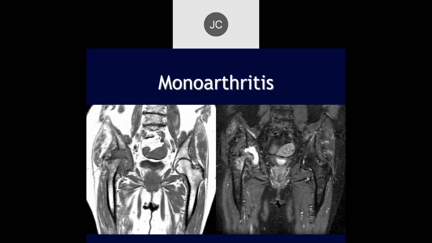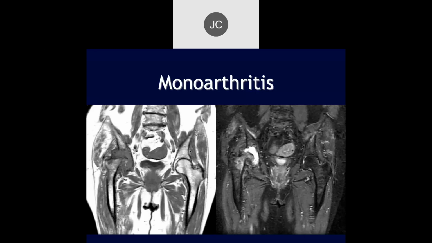So this is a monoarthritis. It's chronic. But hopefully if it's an infection, you pick it up right away and treat immediately. That's really an emergency, one of the emergencies in musculoskeletal imaging, to make sure that you give the proper diagnosis and treat with the proper antibiotics.